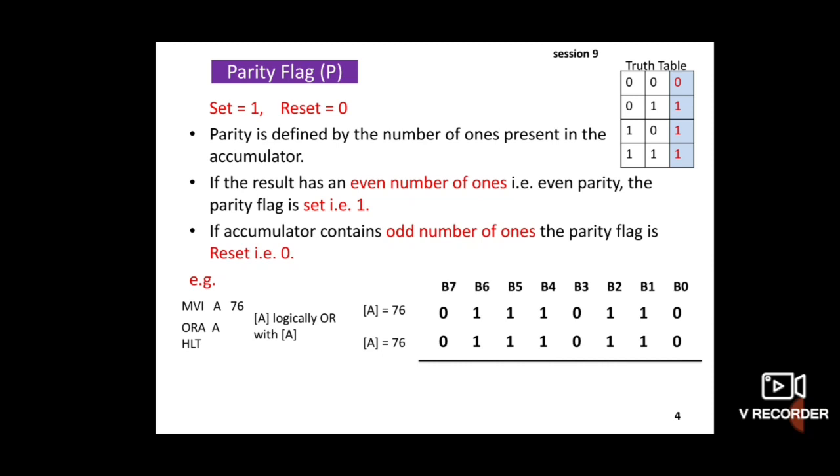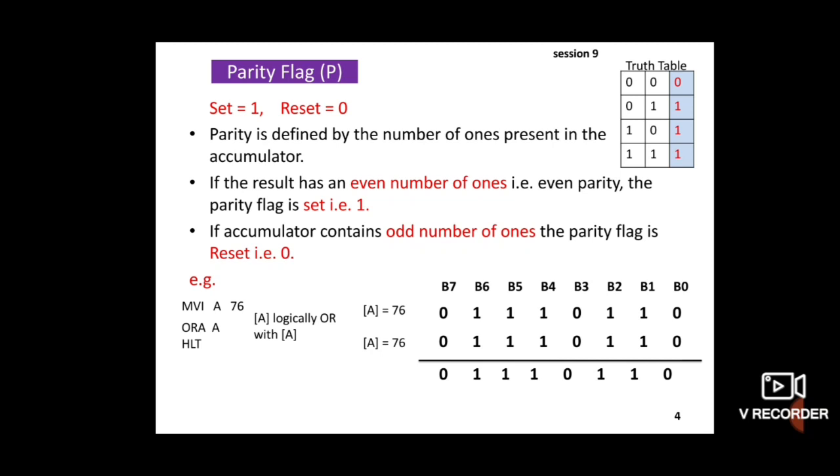For the remaining, if one of the inputs is 1 then the output is 1. Now see, here 0 0 0, 1 1 1, 1 1 1, 0 0 0, 1 1 1, 1 1 1, 1 1 1 and 0 0 0, according to the logic OR gate truth table.